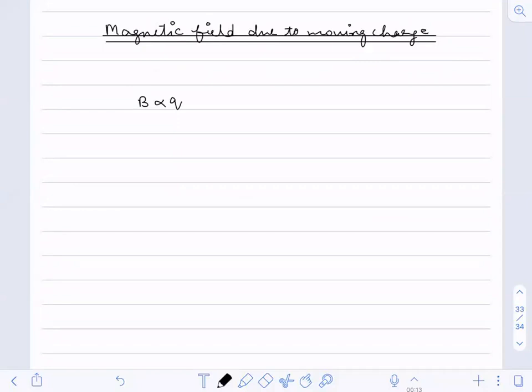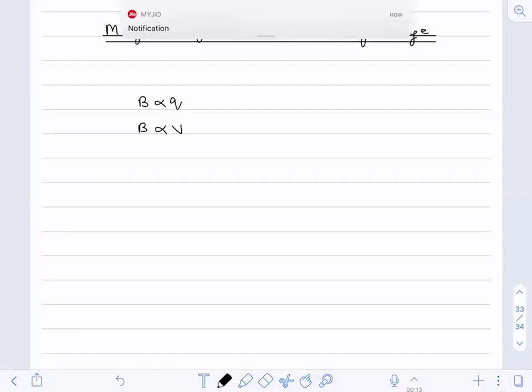The magnetic field created by the moving charge also depends upon the velocity of the charge. What velocity it is having, it depends upon that also.